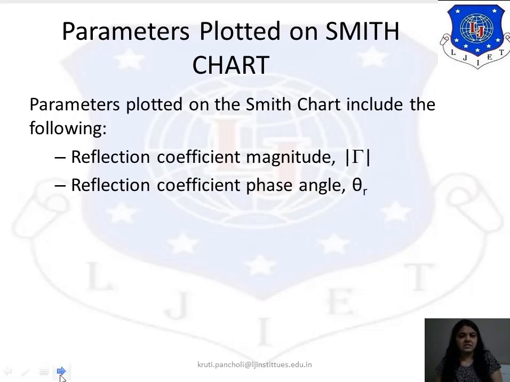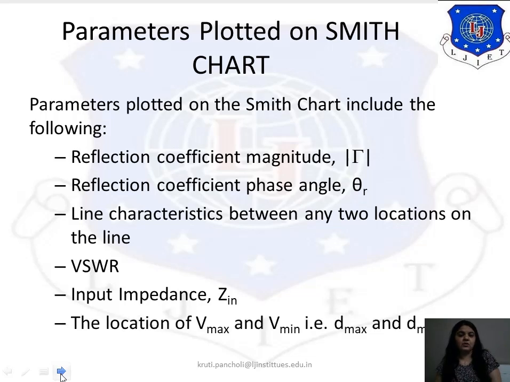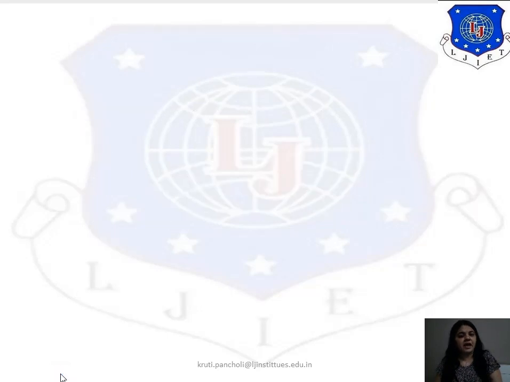We can also find the reflection coefficient phase angle theta r, and line characteristics between two locations on the line. You can find out the VSWR, input impedance Zin, and the location of the V maximum, V minimum, D maximum and D minimum.